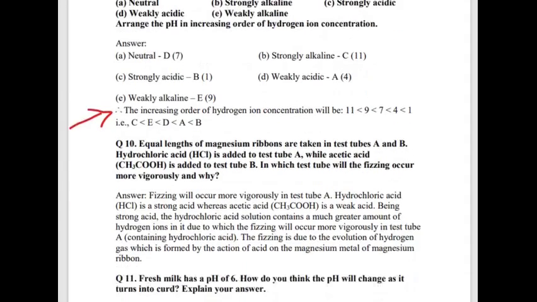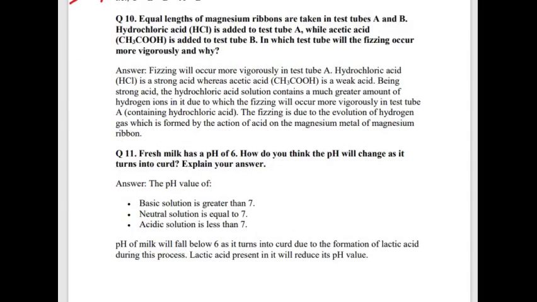Now coming to the next question, equal lengths of magnesium ribbons are taken in test tubes A and B. HCl is added to test tube A while acetic acid is added to test tube B. In which test tube will the fizzing occur more vigorously and why? Fizzing will occur more vigorously in test tube A, which has HCl.